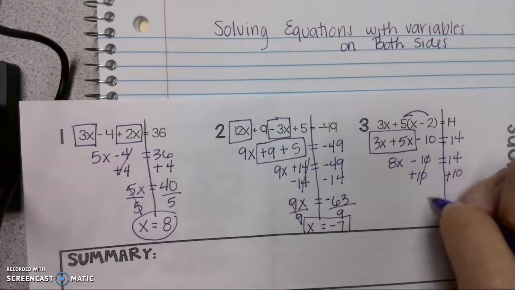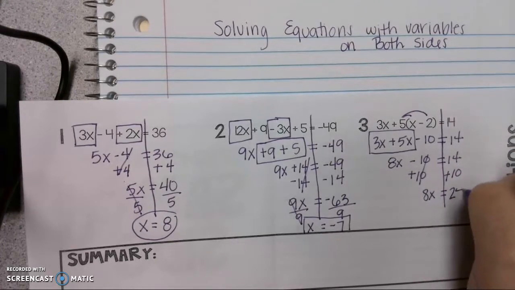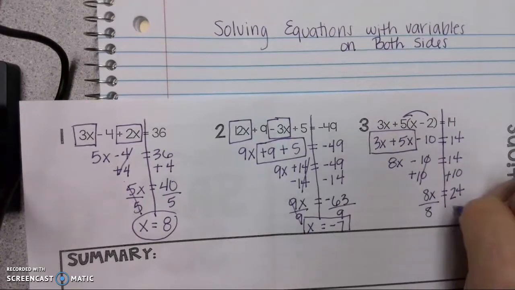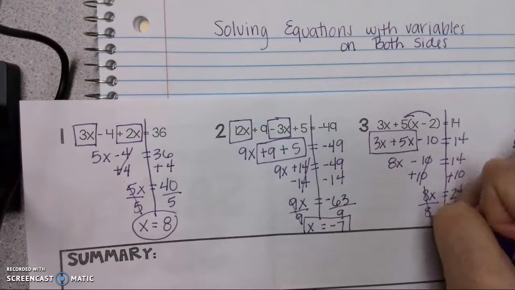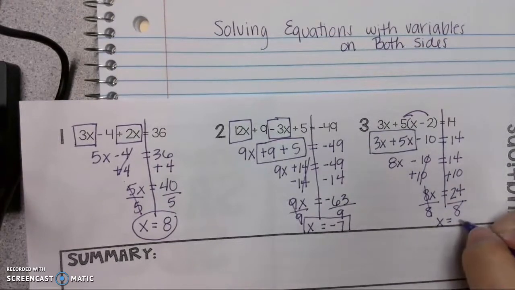Cancels out. Bring my 8x down. 14 plus 10 is 24. Since I still have 8 x's and I only want 1 x, I have to divide by 8. 8 divided by 8 gives me that 1. 24 divided by 8 is 3. So x is equal to 3.